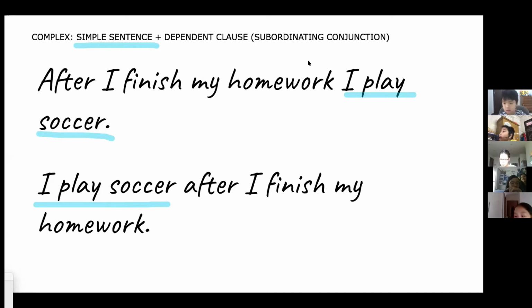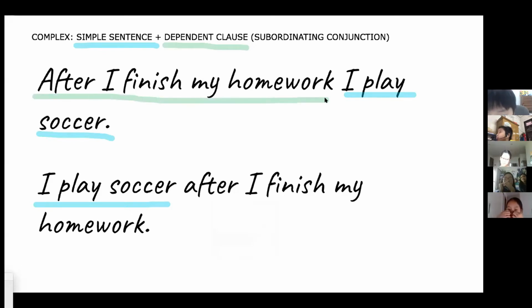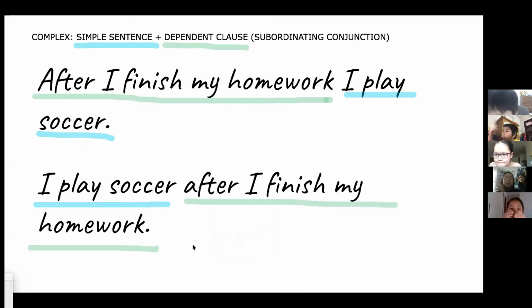What about our dependent clause? Which part is the dependent clause? The dependent clause is after I finish my homework. Okay, so in both sentences, after I finish my homework is the dependent clause. Okay, let's see, what about our subordinating conjunction?